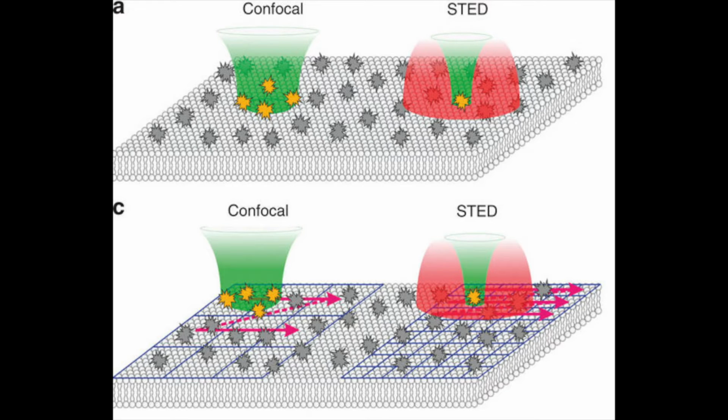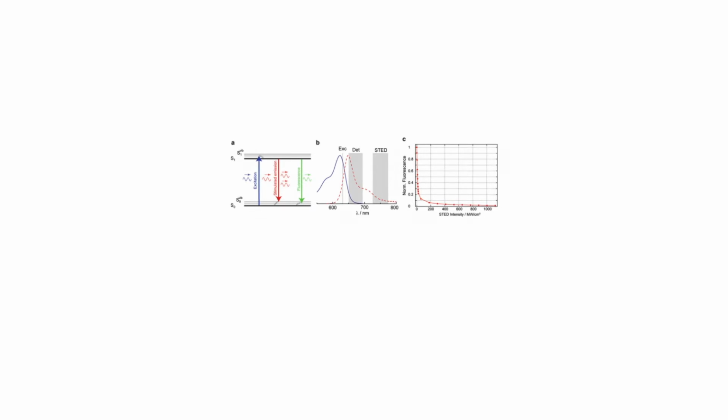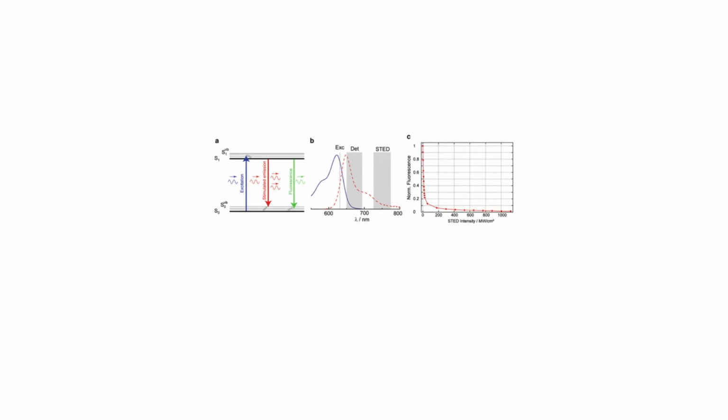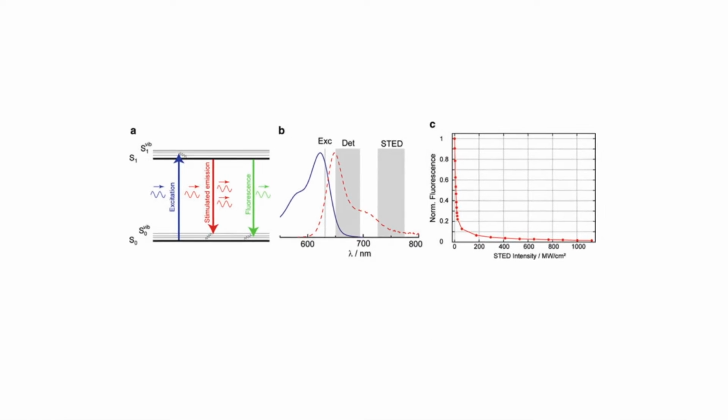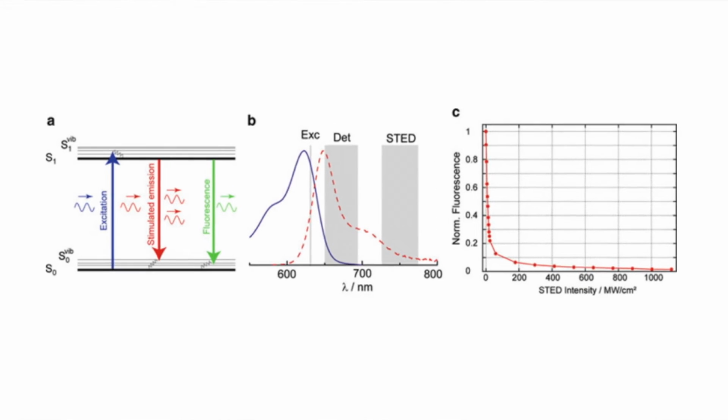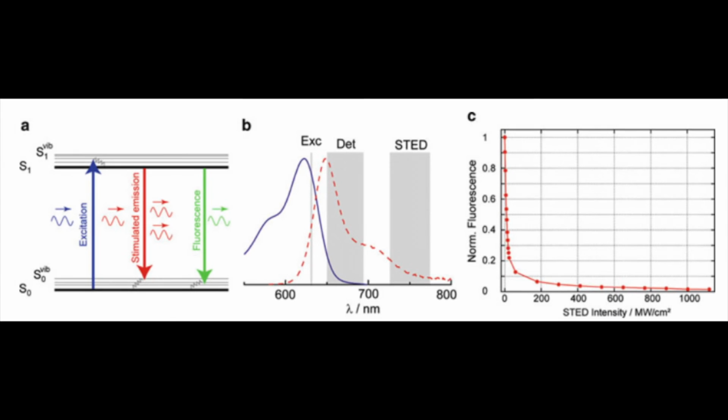After the fluorophores are excited, the STED beam is then applied to the specimen, except for a small area in the center of the beam that has zero intensity to observe fluorescence. The STED beam is redshifted to create a competing pathway against fluorescence that allows for the stimulated emission of the electron from the lowest occupied excited energy state back to the ground state and emits the same wavelength of light as the STED beam.